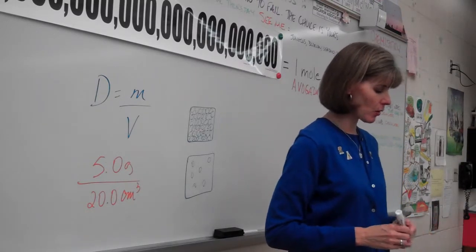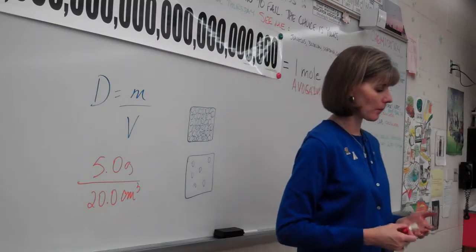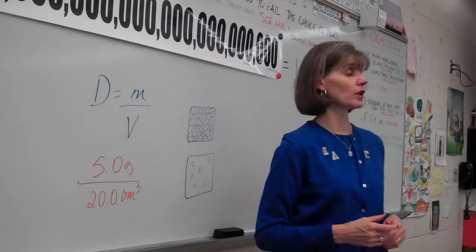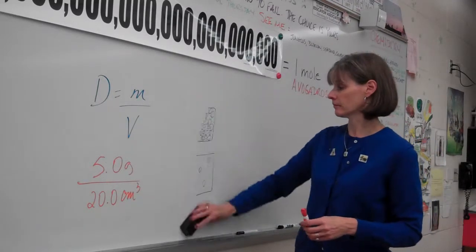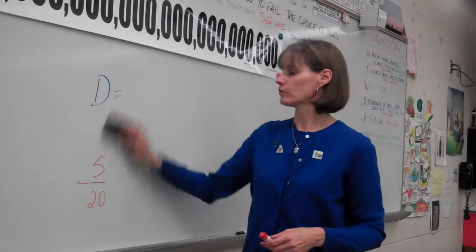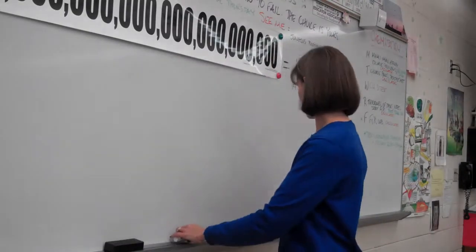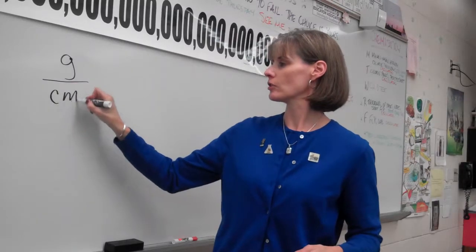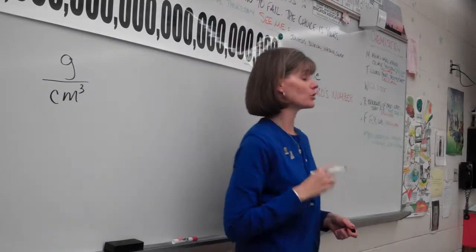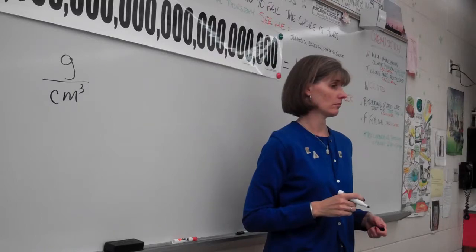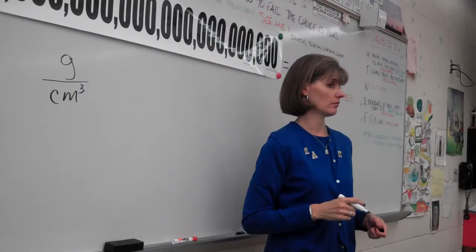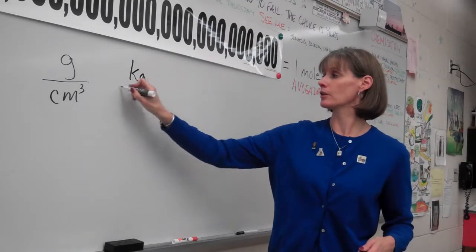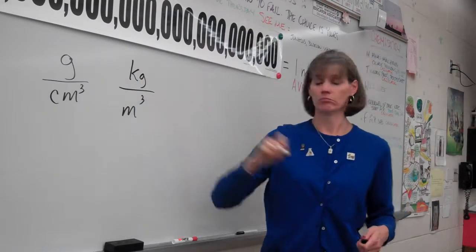24 is an interesting question because it's one that trips people up. You're going to get several different measurement units, and it's going to ask which ones are correct for density. You just told me that grams per centimeter cubed is a correct unit for density. What is another correct unit? Kilograms per meter cubed.